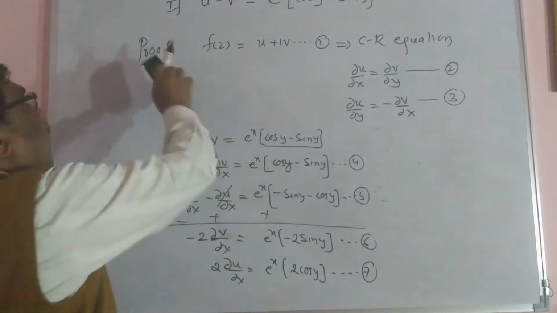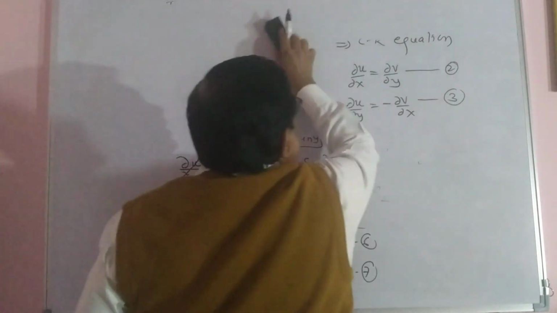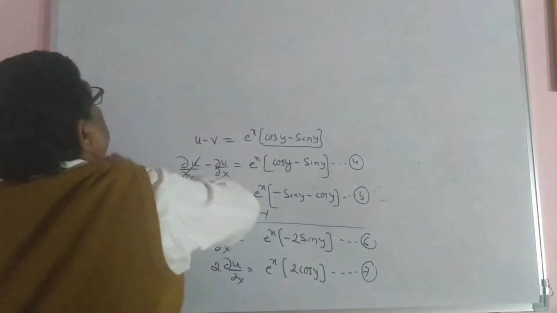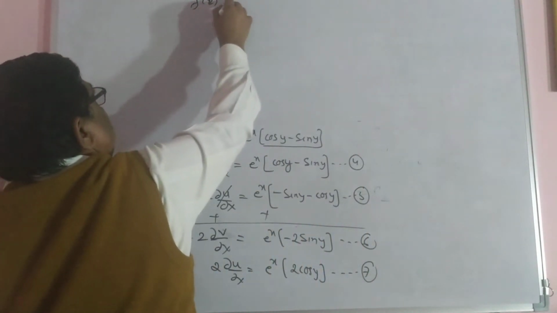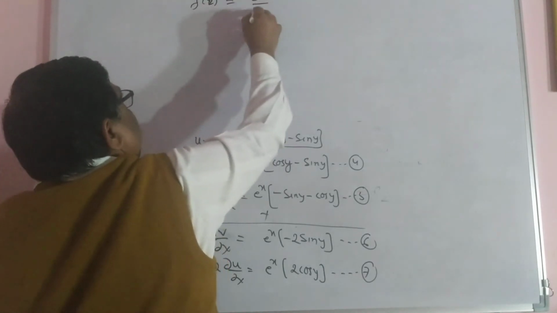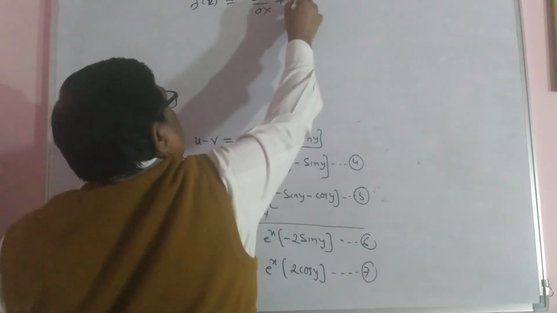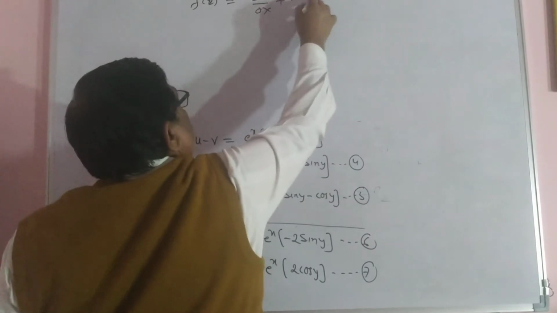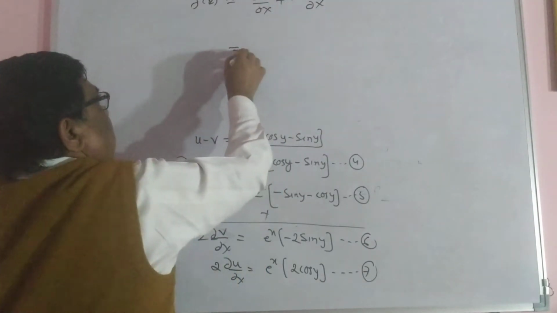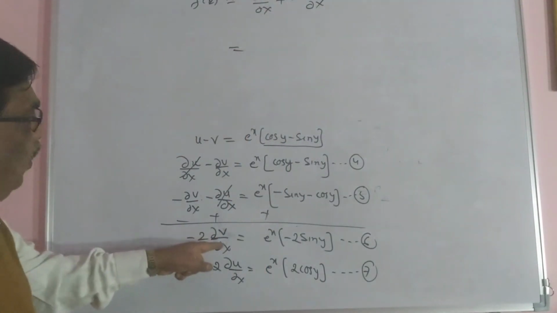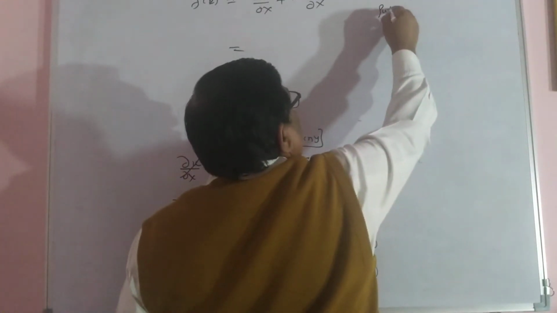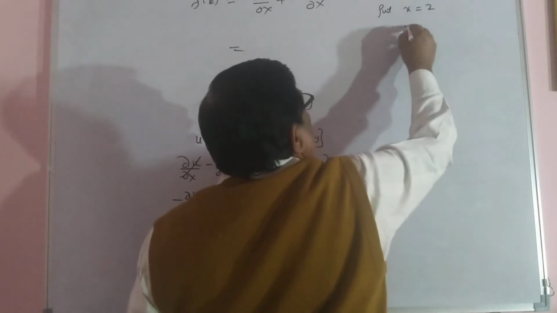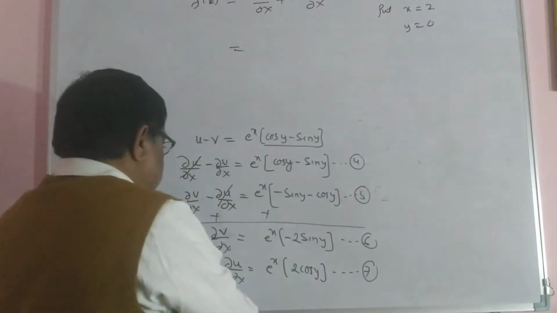As you know, f'(z) is equal to ∂u/∂x plus i ∂v/∂x. We have ∂u/∂x is e^x, and put x equal to z and y equal to 0 in these two equations.